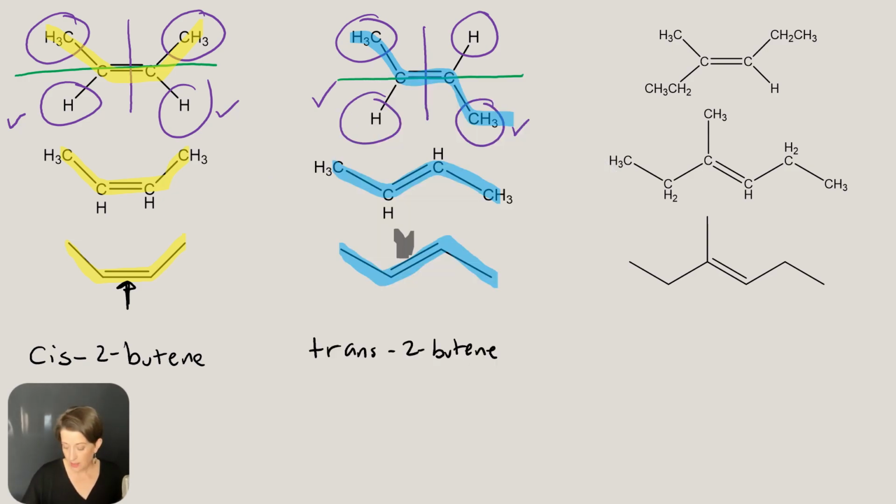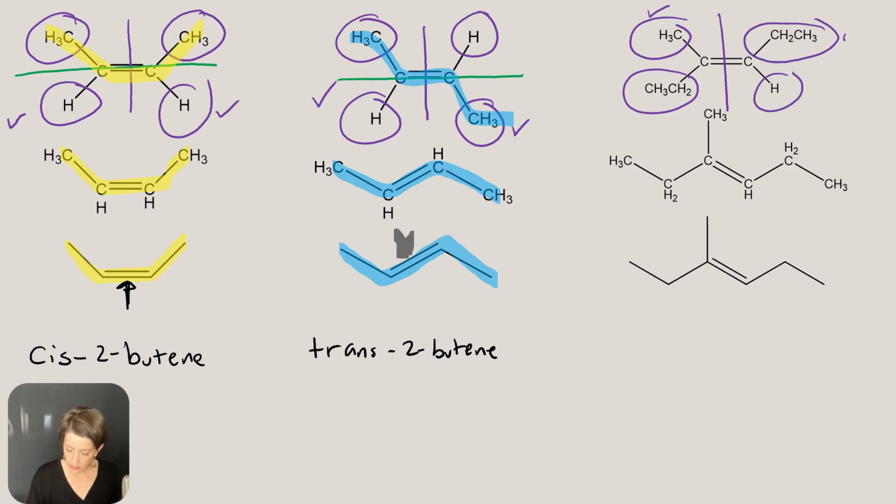Starting with my vertical line, looking at my groups, I have a methyl and I've got an ethyl. Those are different. I've got an ethyl and a hydrogen. Those are different. So I have a cis-trans configuration. Go horizontal, find the longest parent chain.